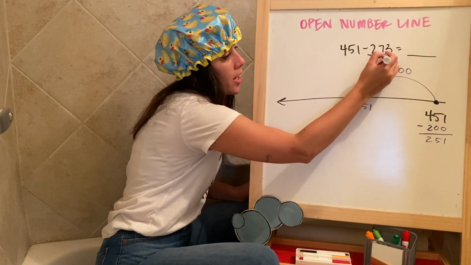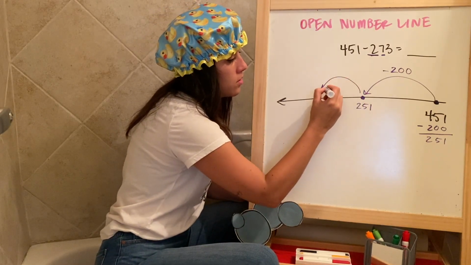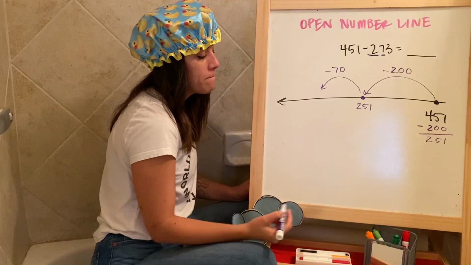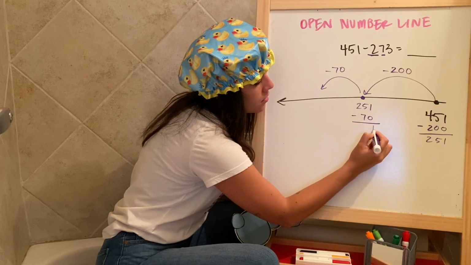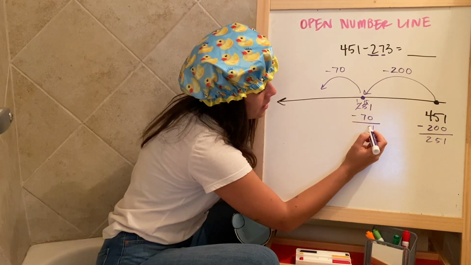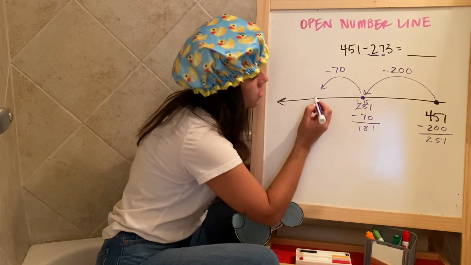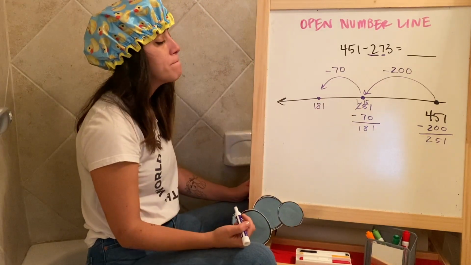Now I'm going to subtract 70. 7 is in the tens place. So from here, subtract 70. Let's see, 1 minus 0 is 1. Borrow this one over, that makes it 15. I now have 181 as my next point, right?